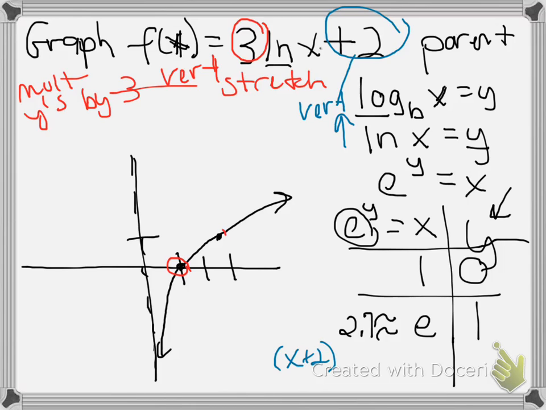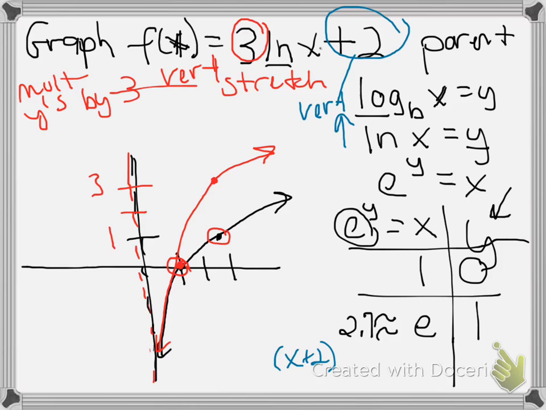But if I look at this point, its y is 1. That is now going to move to 3. So I have this original point staying the same, and now I have that new point. So now I can draw my stretch, and don't forget the asymptote is staying exactly the same.